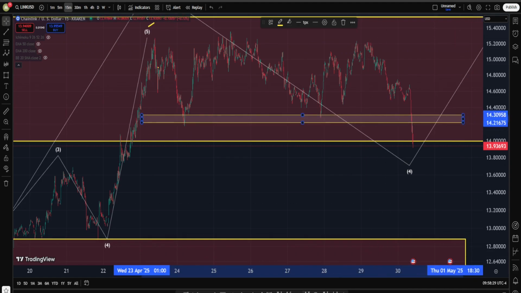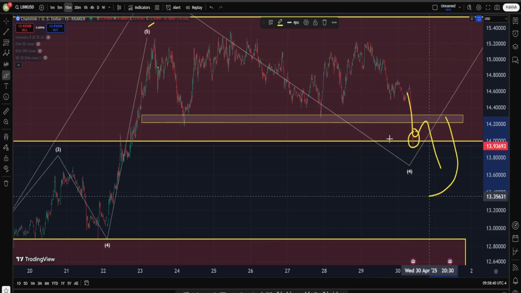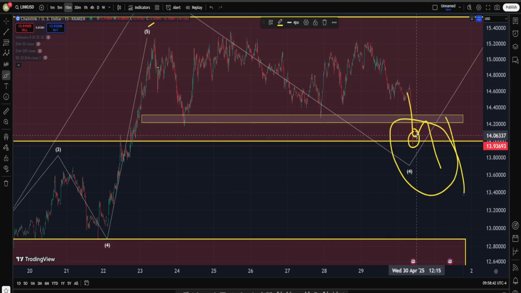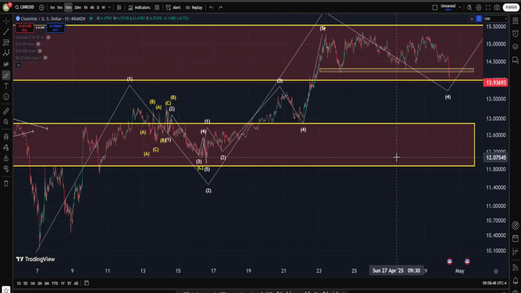And what does that mean? An initial move to go under this region, followed by a pullback and then a continuation of the move down in order to take this low. If we do this in Chainlink, at that point we can expect maybe another 15% move on the downside to reach about the $12 region all the way down here.